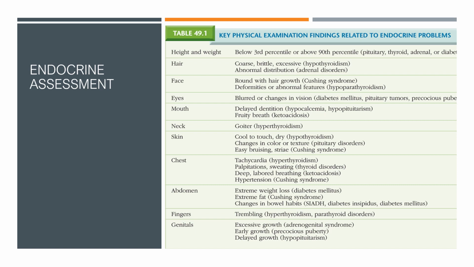Shaky hands can be related to parathyroid disorders. We're also going to see things like excessive growth, early growth, and or delayed growth relating to the genital area and different thyroid or adrenal problems.